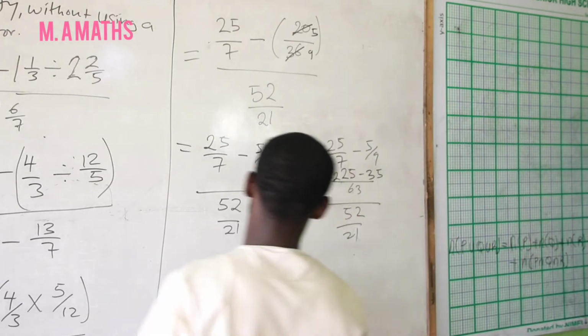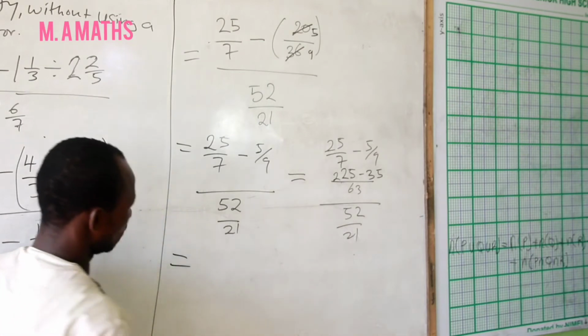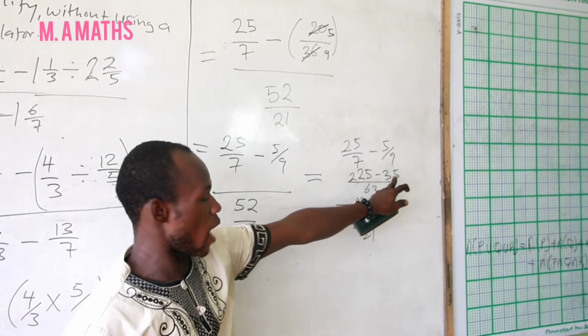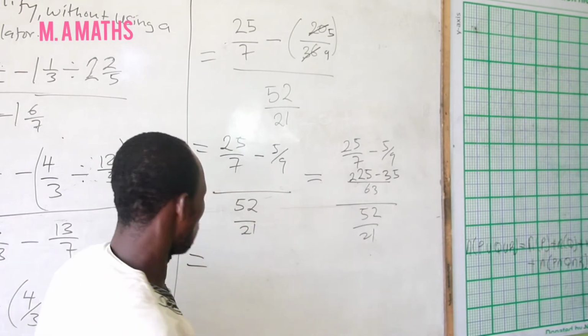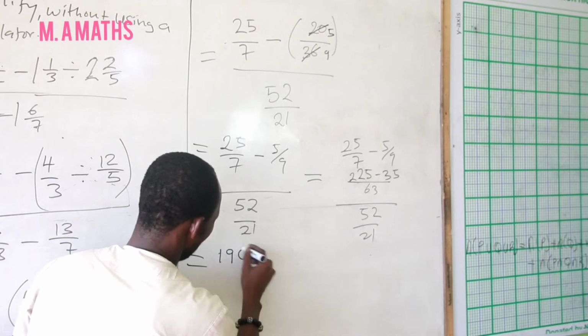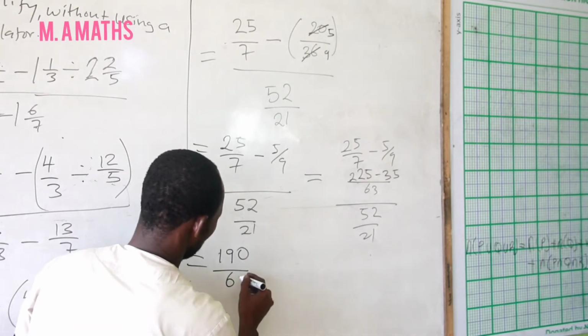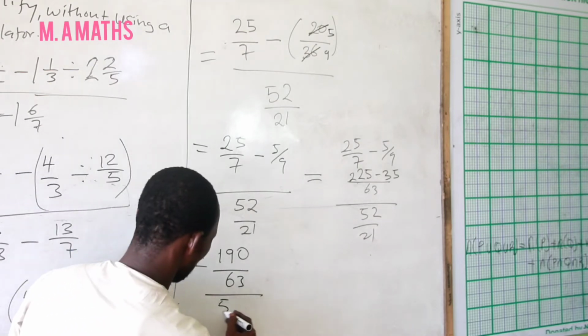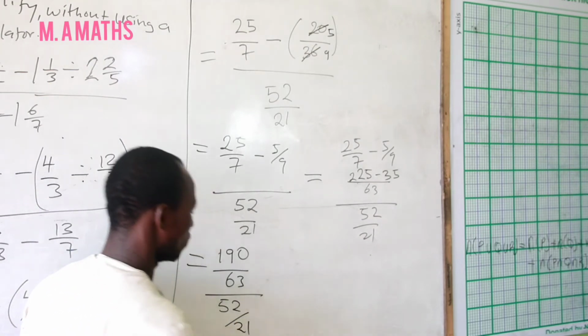In that case, we get 225 minus 35, that will give us 190 all over 63, divided by 52 over 21.